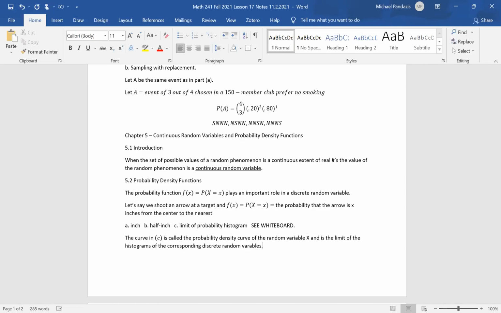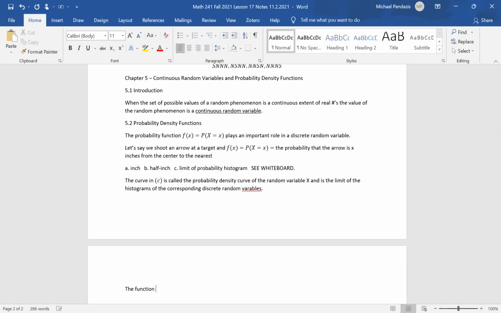Okay, so that's what I was just saying. Okay, so the function defined by this curve is called the probability density function of capital X, where capital X is a continuous random variable.